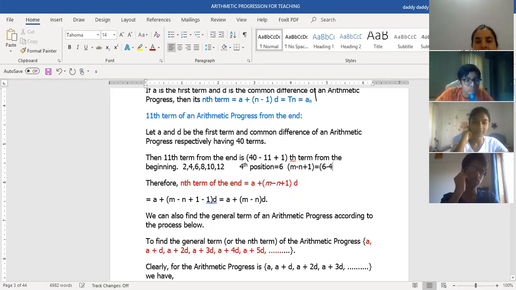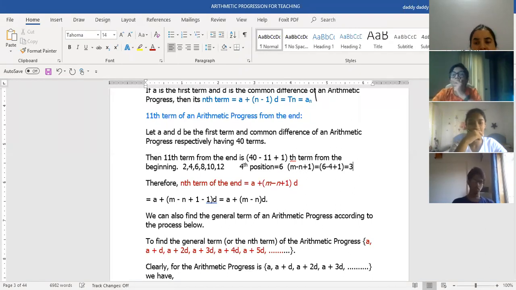So in place of n, I'm going to put 4 and plus 1. This formula I have put. So now I will close the bracket and get the answer. 6 minus 4 is 2. 2 plus 1 is 3. So I'm getting answer as third position.